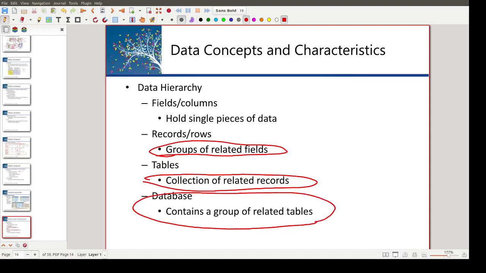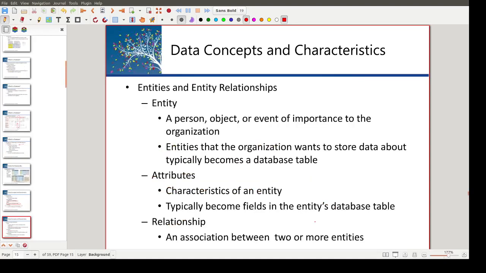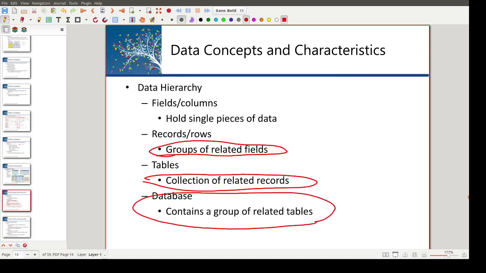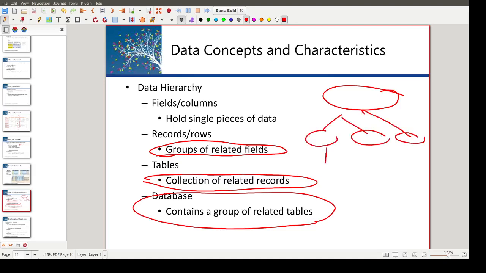So we have a very small item called the field, and you collect multiple fields for the same person, and this is called a row. You have many persons, which makes one table, and you have many tables, and that makes a database. That's why it is called a hierarchy: a database has many tables, table 1, table 2, table 3, and so on, and every table has many rows and every row has many columns.